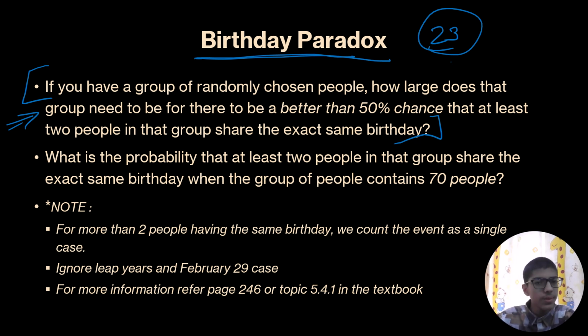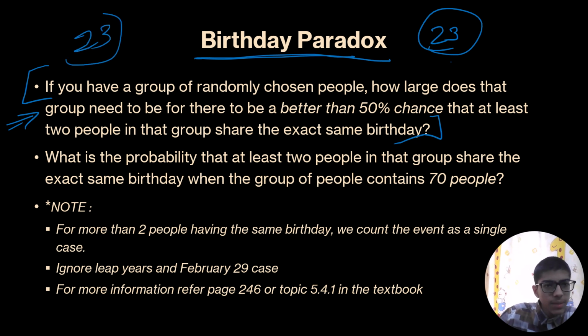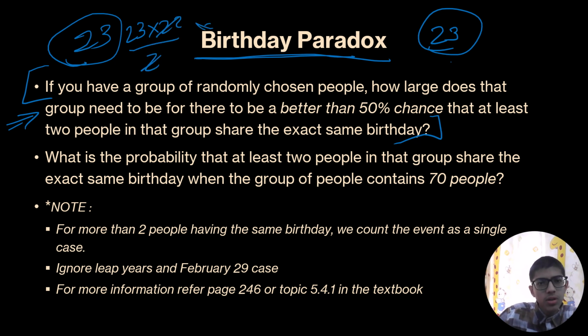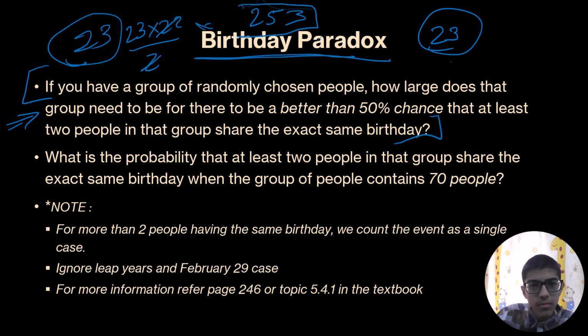So 23 you may feel is too small, but that's true because if you have 23 people, then the number of possible pairs you have is 23 into 22 by 2, which is 253. So 253 is the number of the total possible pairs.